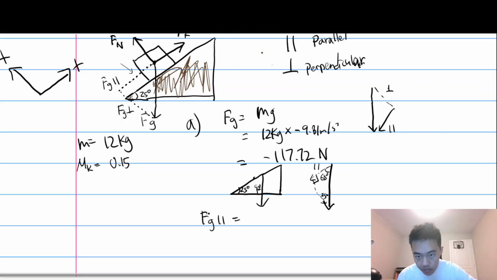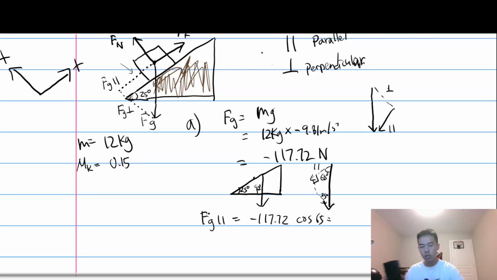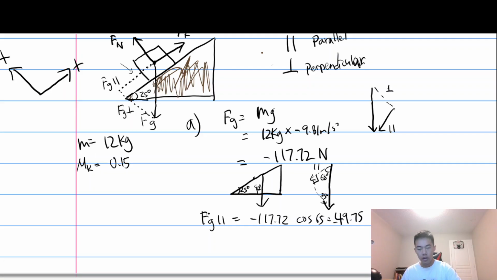If we knew that this was 65 degrees and we know that this long one is negative 117.72, that would just be negative 117.72 cosine 65, which is equal to negative 49.75.